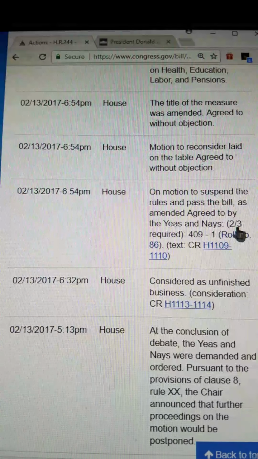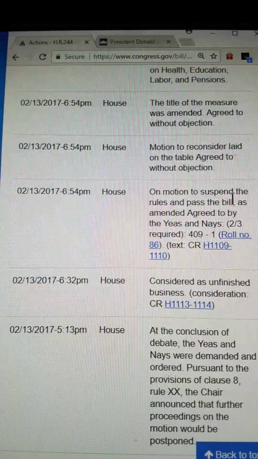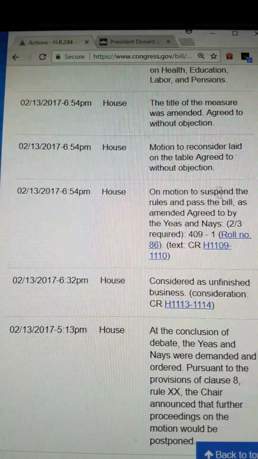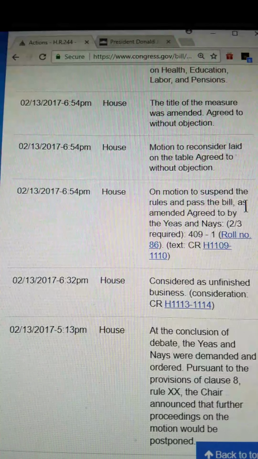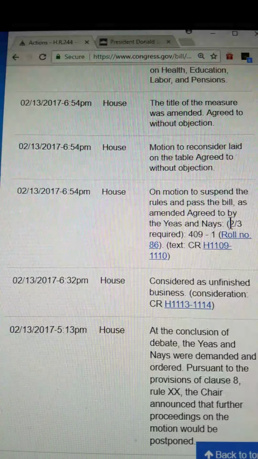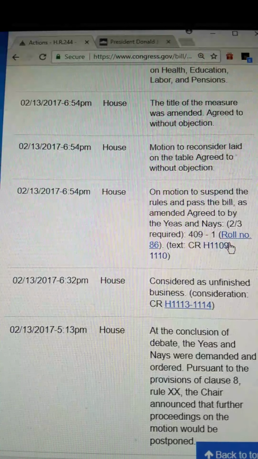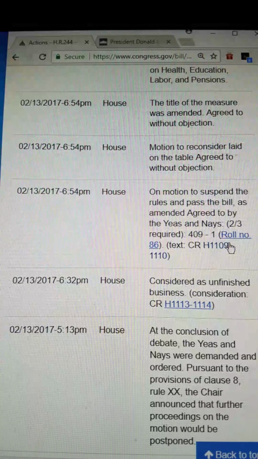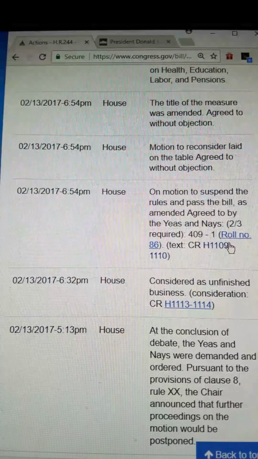throughout this whole ordeal, they kept suspending the rules. See, on a motion to suspend the rules and pass the bill, as amended, agreed to by now they're saying that the yeas and nays, that 2/3, it was only required 2/3 of yeas, but that's not what happened.